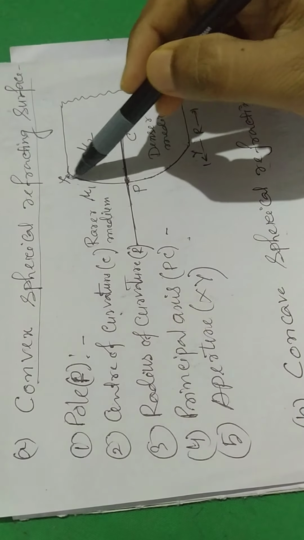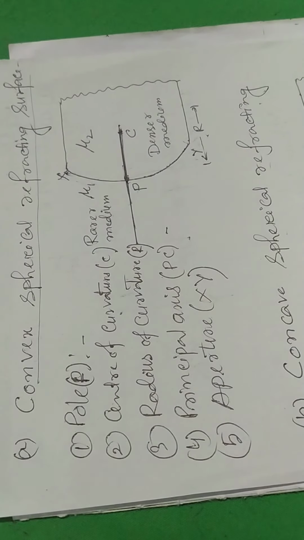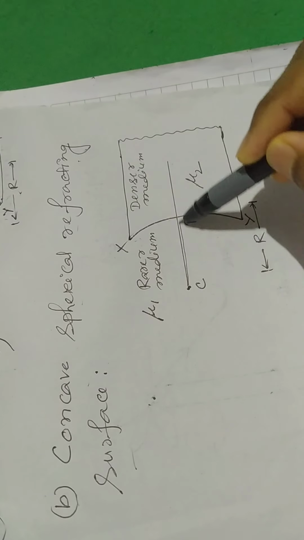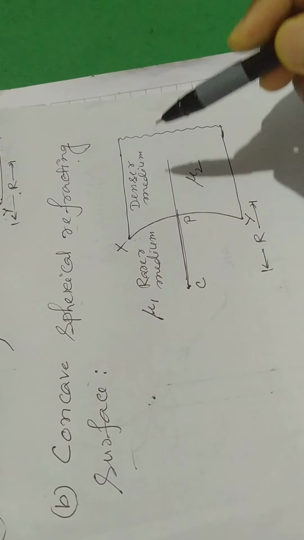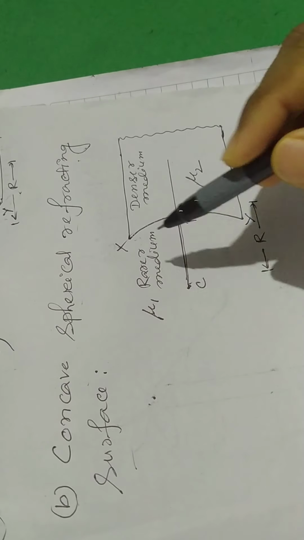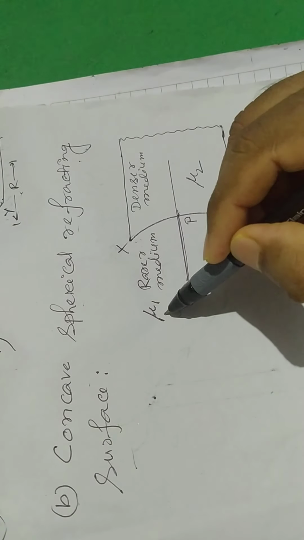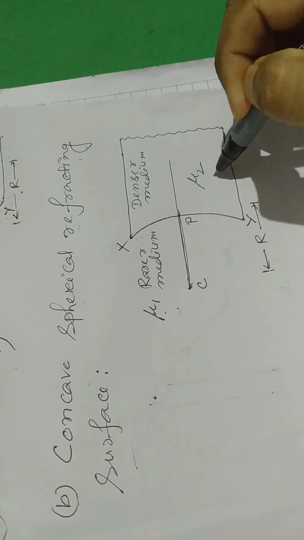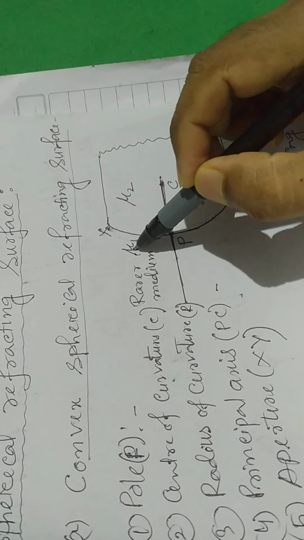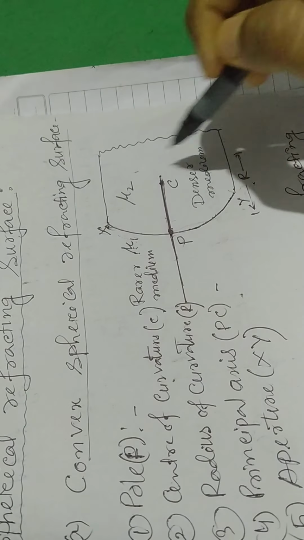So this is called aperture. In the same way, if you see concave spherical surface, PC is the radius of curvature, P is the pole, C is the center of curvature, and here is a rarer medium, refractive index mu1, denser medium, refractive index mu2. Here convex also, a rarer medium, refractive index mu1, denser medium, refractive index mu2.